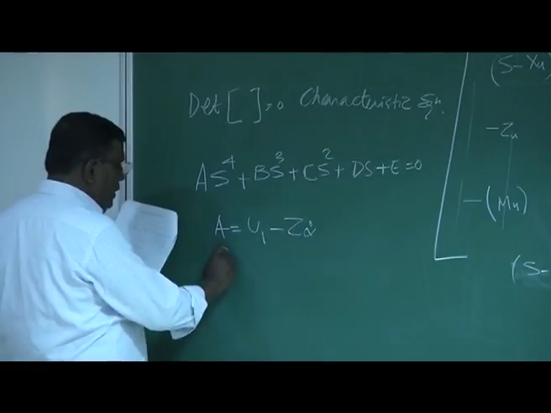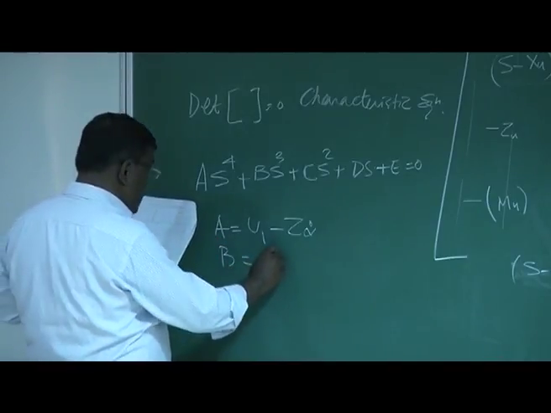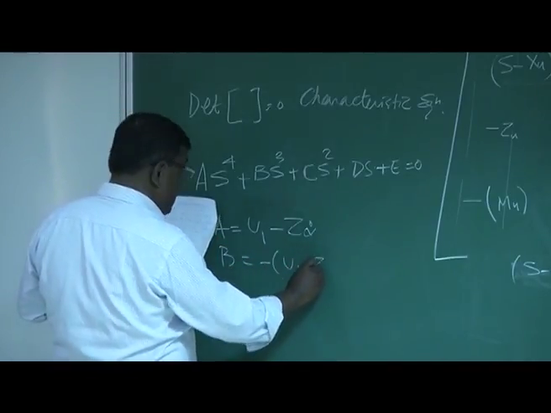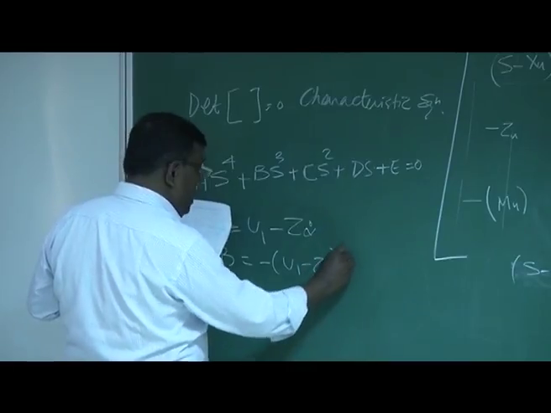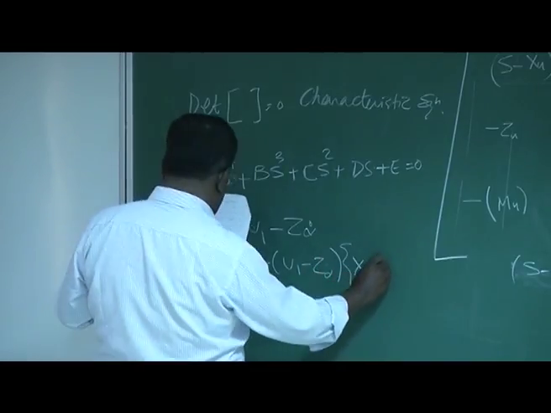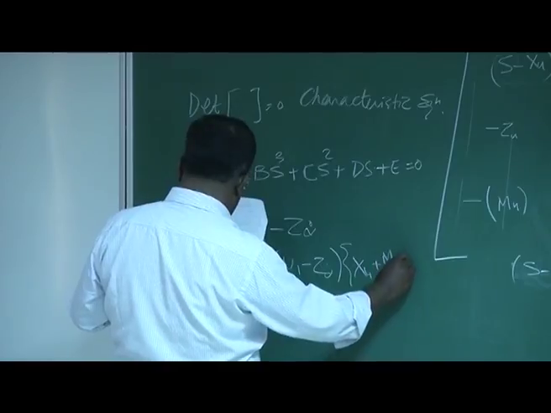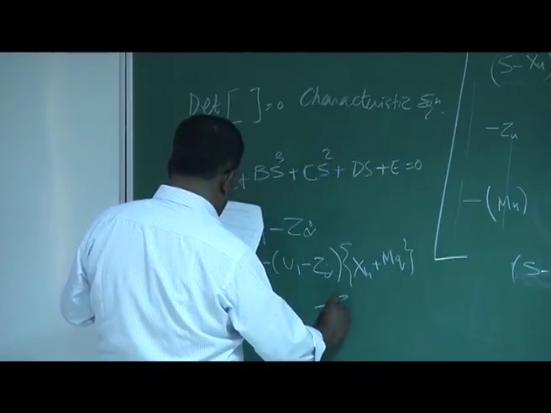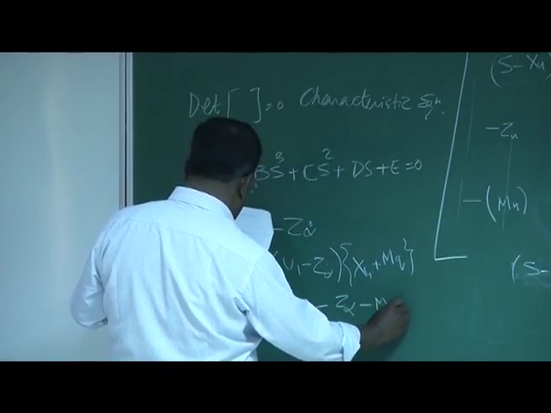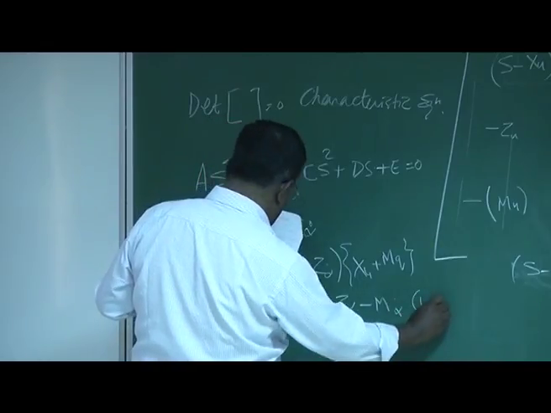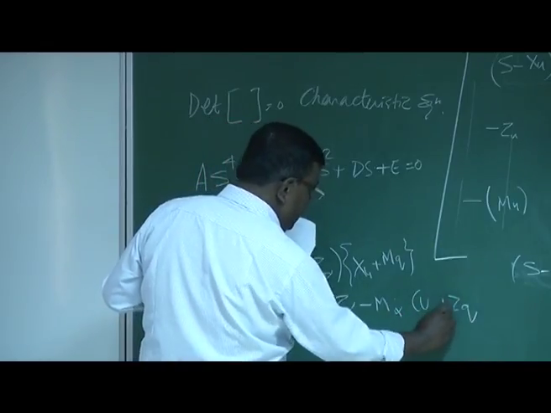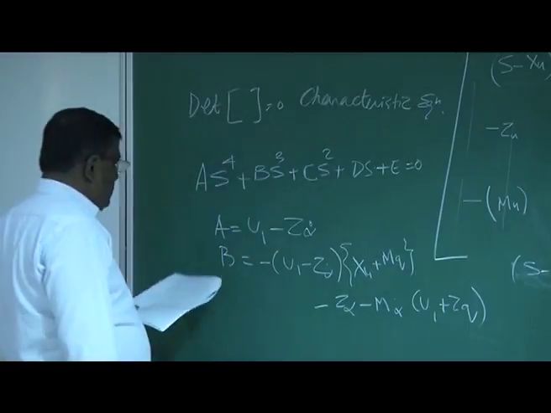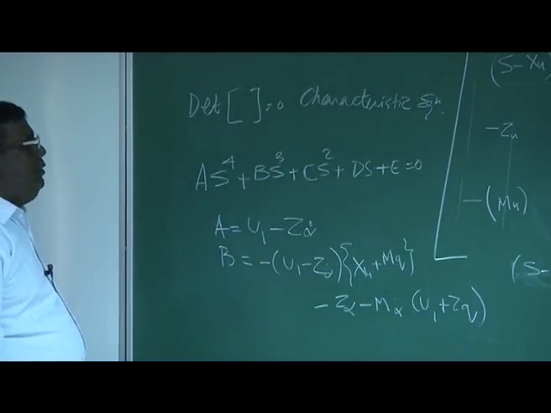Similarly, b will be minus u1 minus z alpha dot into x u plus m q minus z alpha minus m alpha dot into u1 plus z q, like this, you know. Similarly, c, d, e and all.